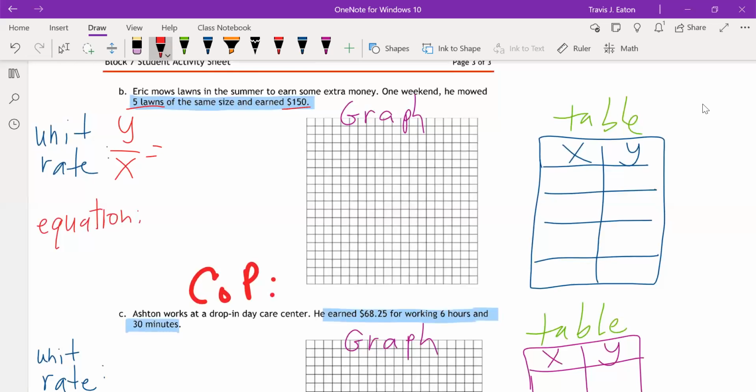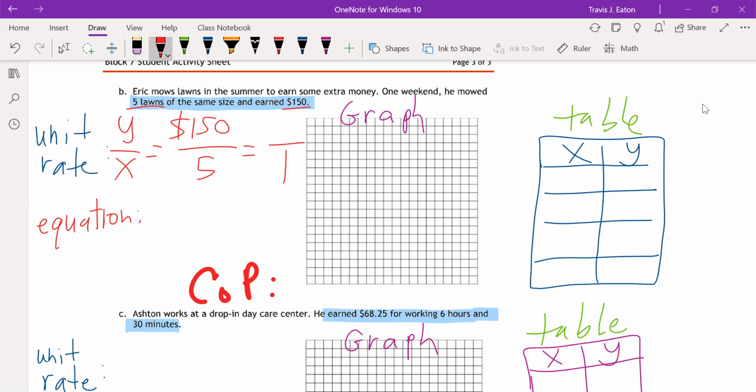In this case, we're going to take the $150 because the amount of money that he makes depends on the number of lawns that he mows. So 150 divided by 5. We want to turn that into a 1. He makes $150 for 5 lawns. How much will he make for 1 lawn?